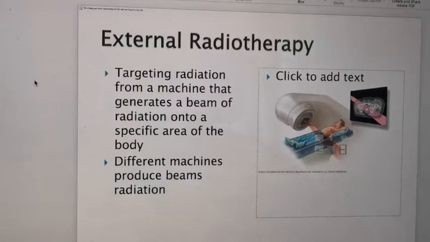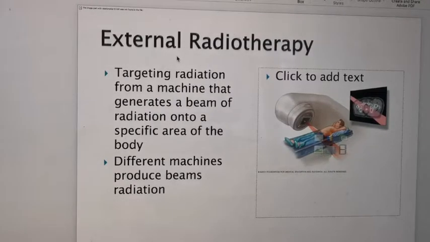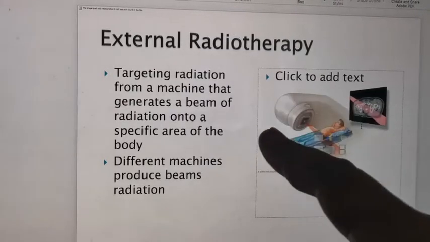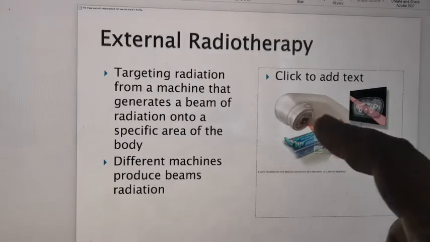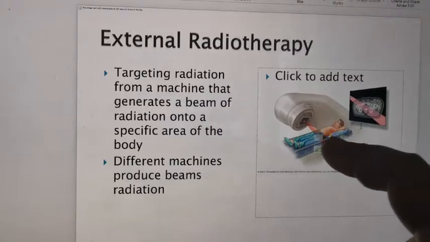The second type of radiotherapy is external radiotherapy. Very obvious here in the picture. External radiotherapy is when you have a machine that generates the radiation. Inside the machine, you have radioactive isotopes. As they disintegrate, the radiation that they produce, you use it to target cells in the body.